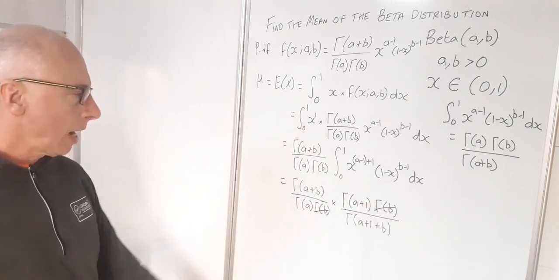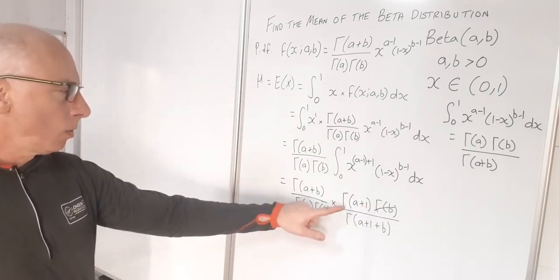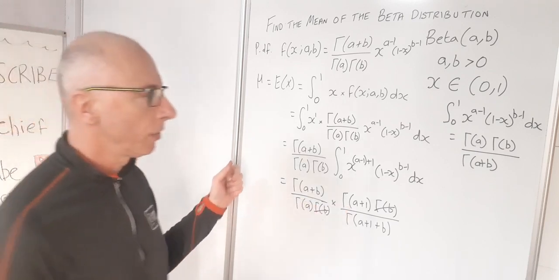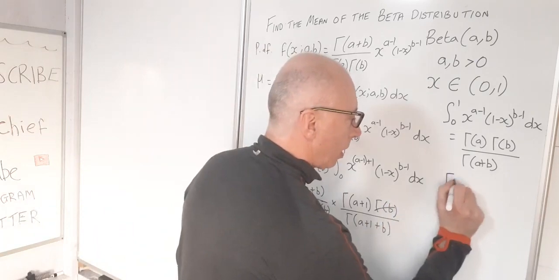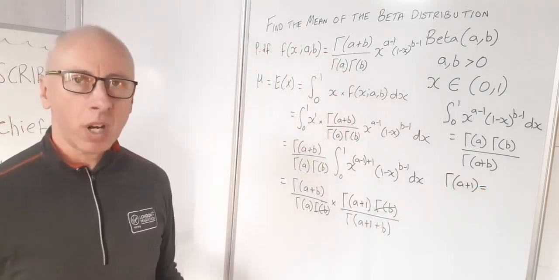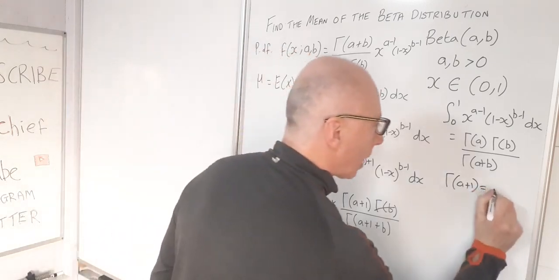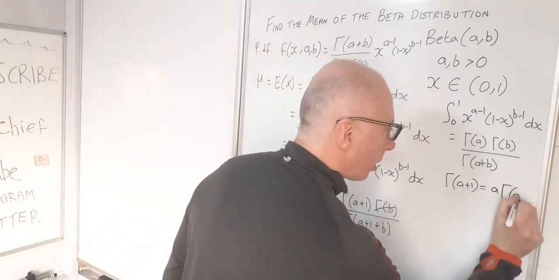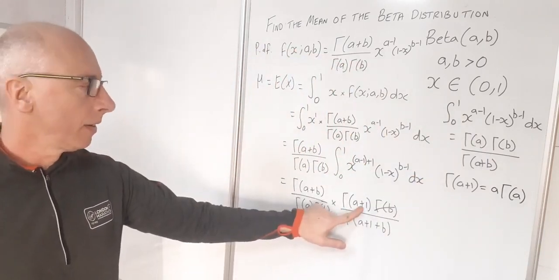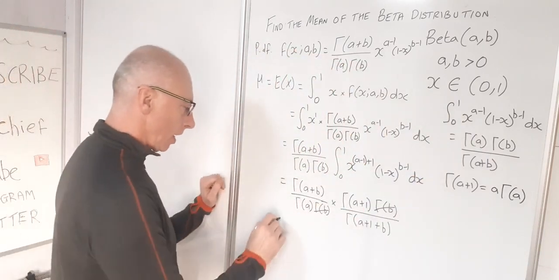Okay, so gamma of A plus 1, we could rewrite that using a gamma identity as it's related to the factorial function. So gamma of A plus 1, that's the same as writing, because it's factorial, A times gamma of A. So we can input that in there. So let's start that on the next line.